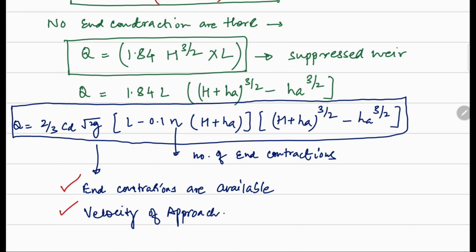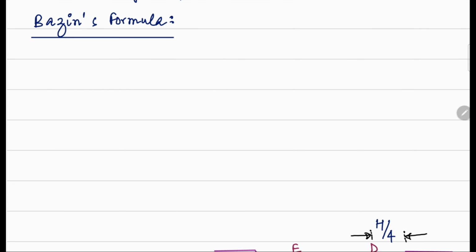So that's the discussion on the Francis formula, and similarly there is Bazin's formula, so let's discuss this one. Similar to the Francis formula, Bazin also proposed his formula based upon the results of a series of experiments. The formula proposed by Bazin is again applicable for the rectangular channel.